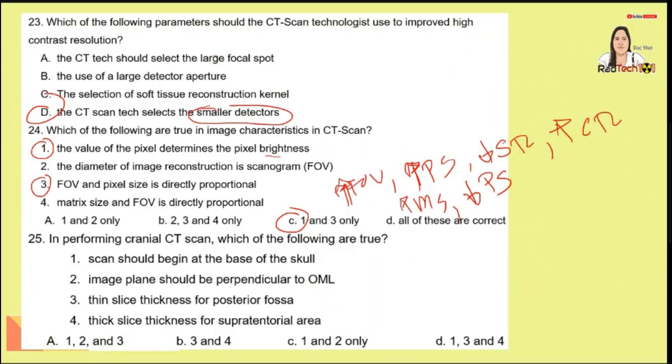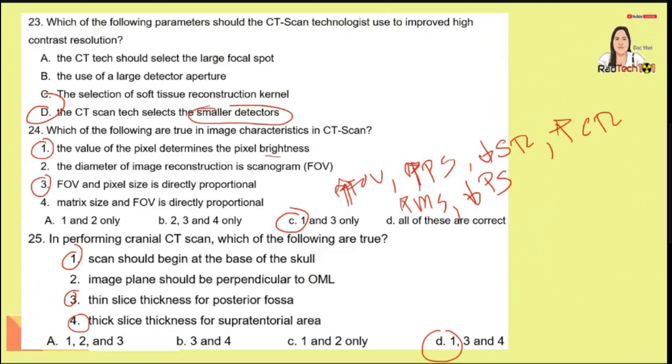25. In performing cranial CT, which of the following are true? The correct answer is 1, 3, and 4. So image plane, sa number 2, this is wrong. Image plane should be perpendicular to OML. So actually, before pa yan. Yung ginagawa nila before, when performing cranial CT, the central ray is perpendicular to OML.